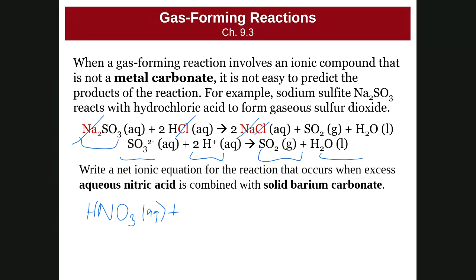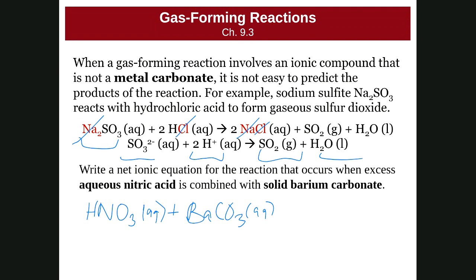So barium is a 2 plus ion. Carbonate is a 2 minus ion. So they go together without any subscripts. And this is an acid reacting with a carbonate. So what are our products going to be? That's right, carbon dioxide and water, in addition to some salt.